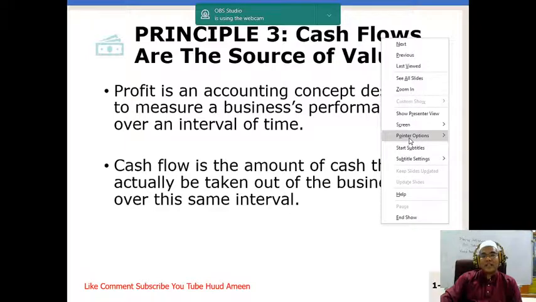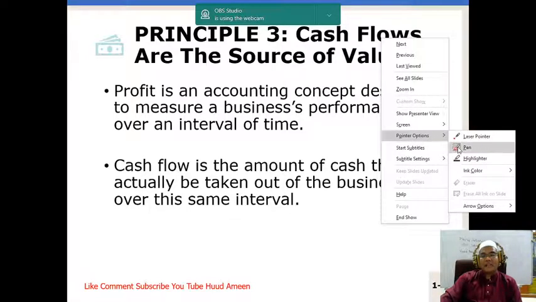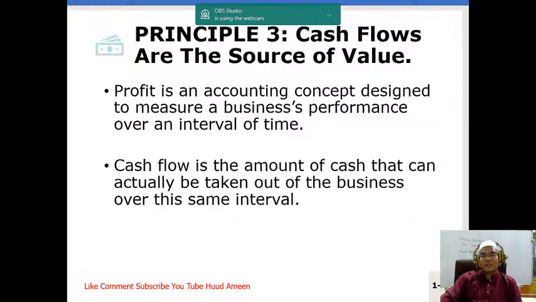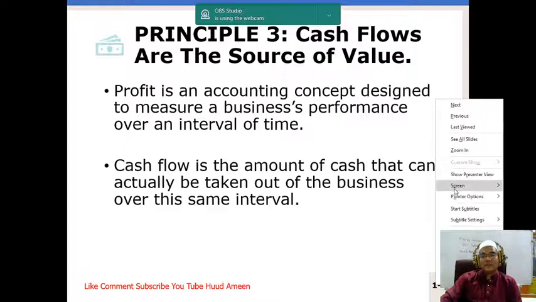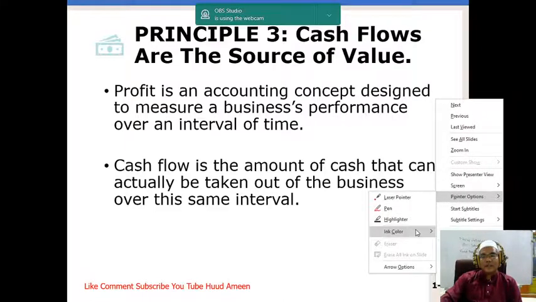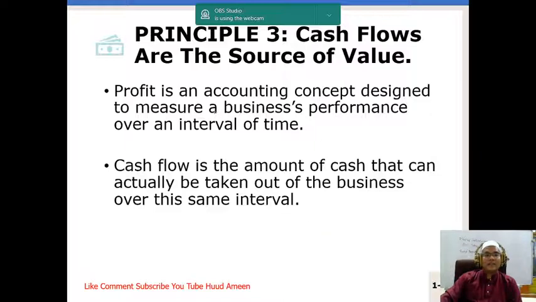So you have already studied accounting, how to get the profit: revenue minus expenses.